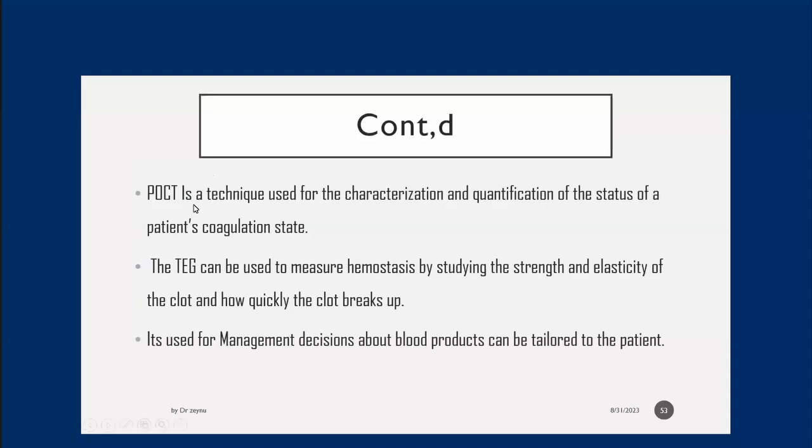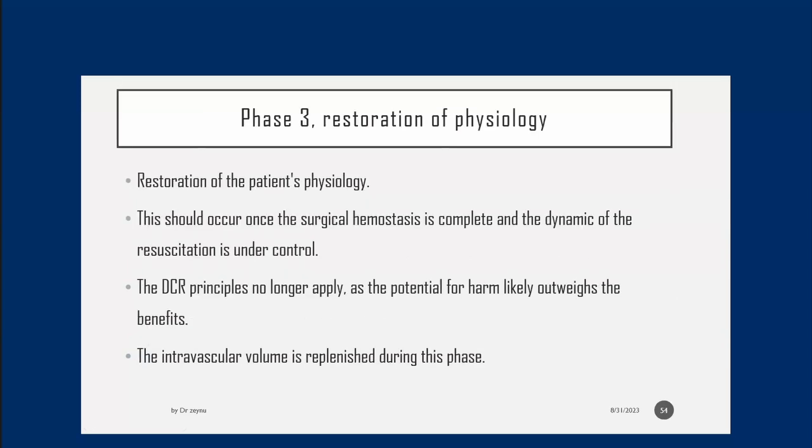Point of care coagulation testing is a technique used for the characterization and quantification of the patient's coagulation status. Thromboelastography measures hemostasis by studying the strength and elasticity of the clot and how quickly the clot breaks up. But it's expensive and not available everywhere, so it's a limitation in resource-limited countries.